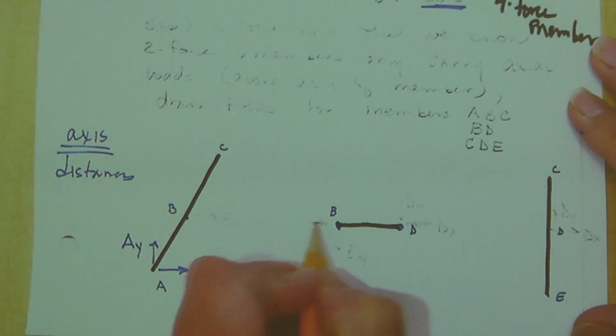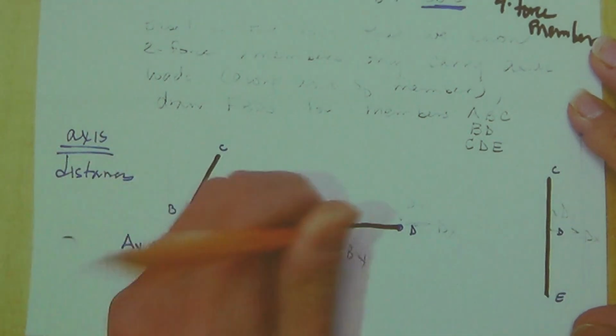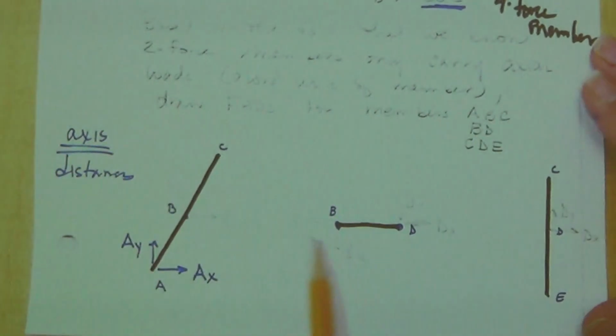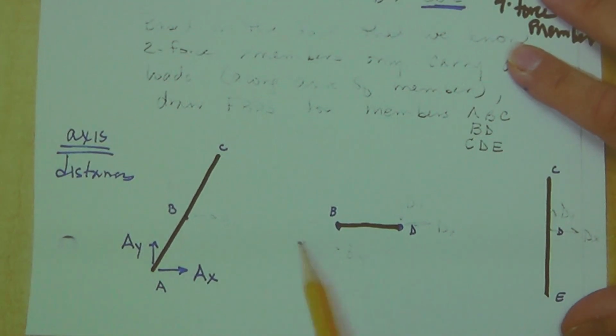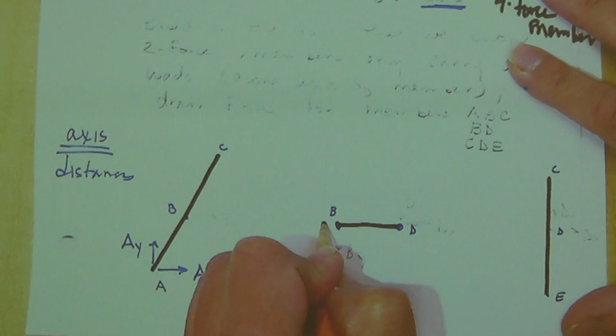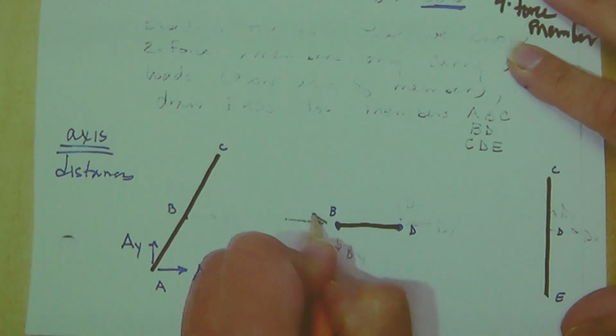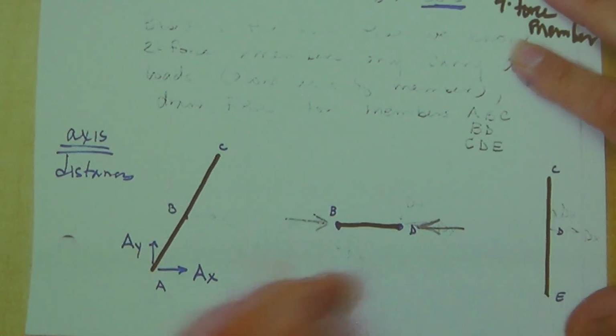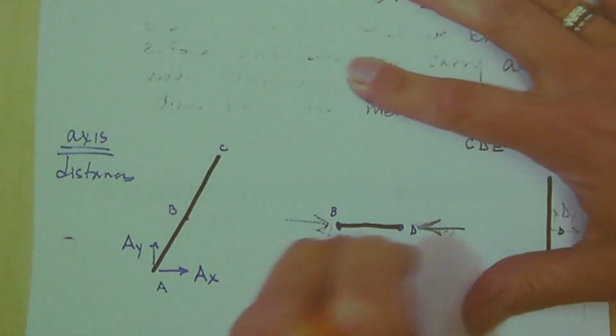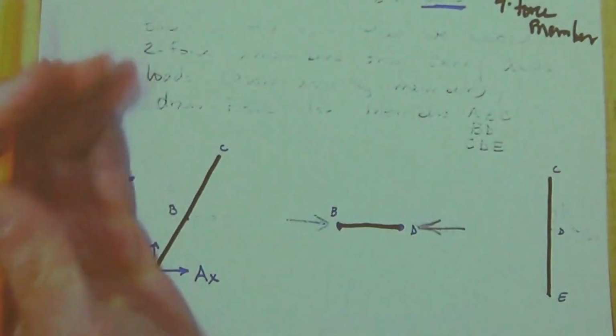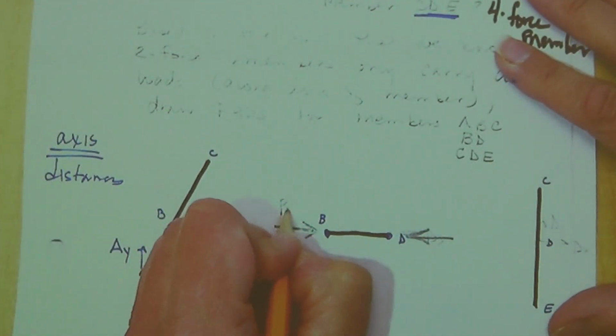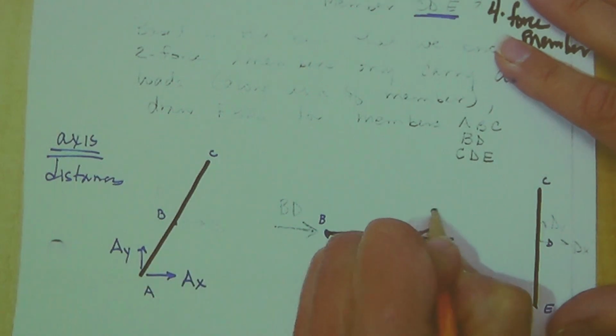But we just learned that on a 2 force member, we know the direction of the force that's going through here. It's axial. So you decide if you want it to be compression or tension. I'm just going to draw it in this way, which is what, tension or compression? Compression. So this is BD, and is this BD too?